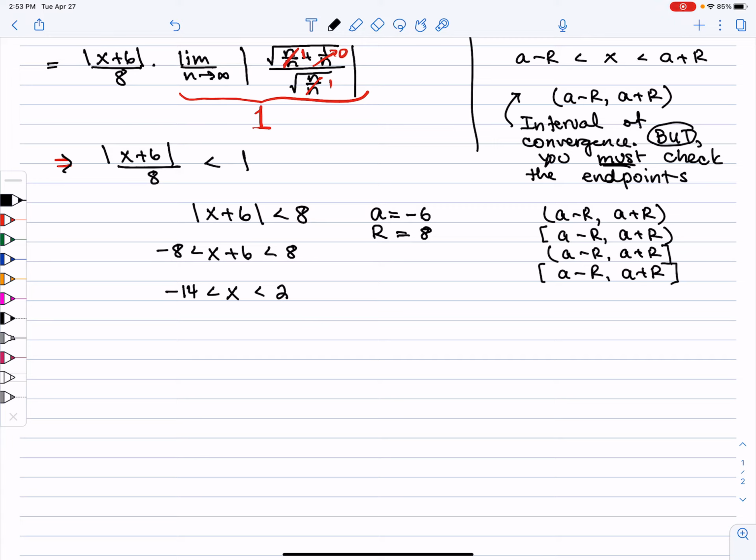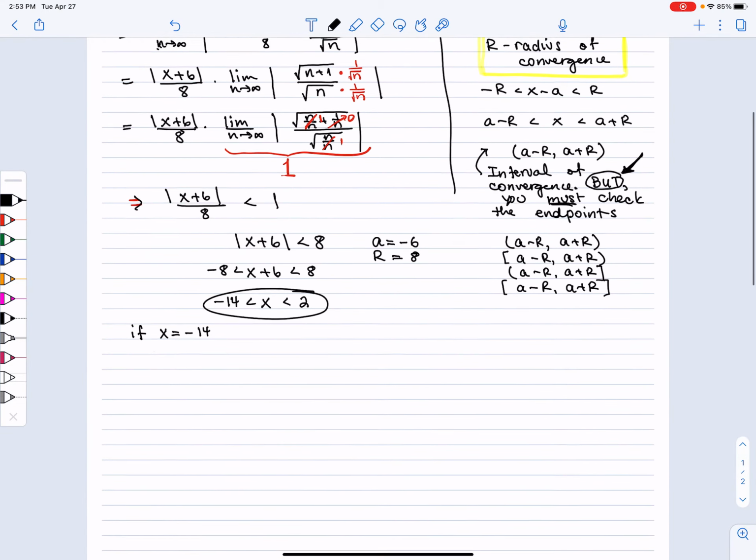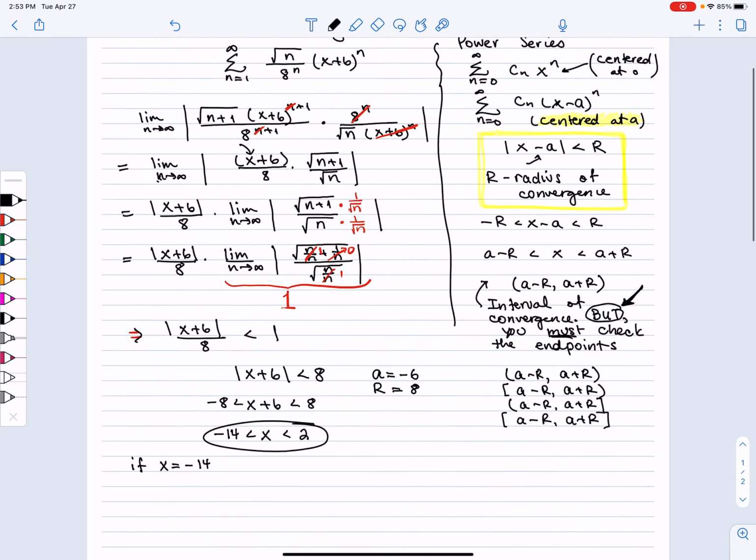So we're almost there. You have an interval of convergence, but remember we talked about that? We must now check the endpoints. So what happens if x is equal to negative 14?